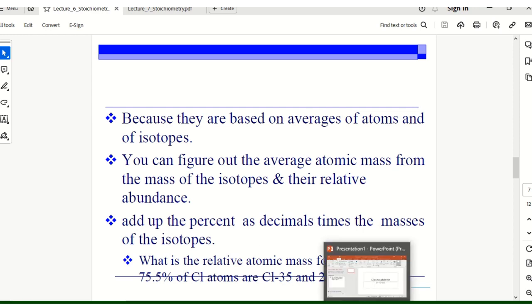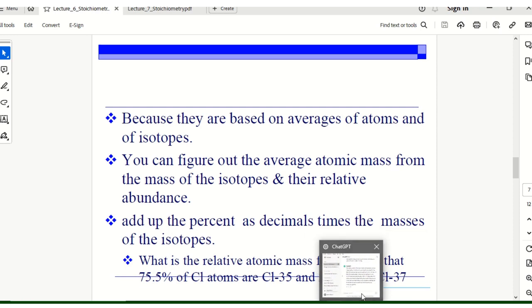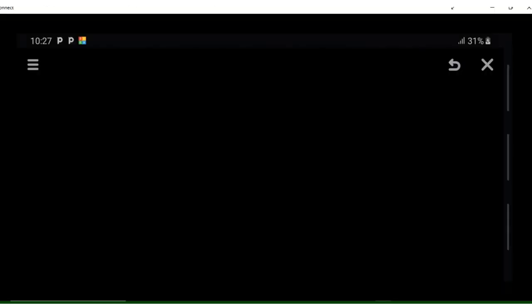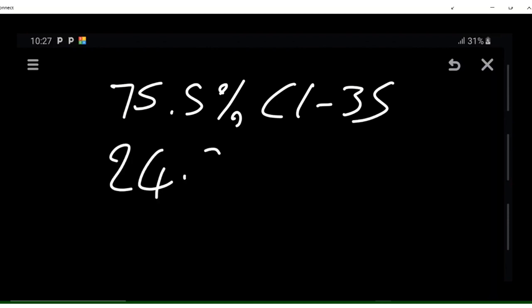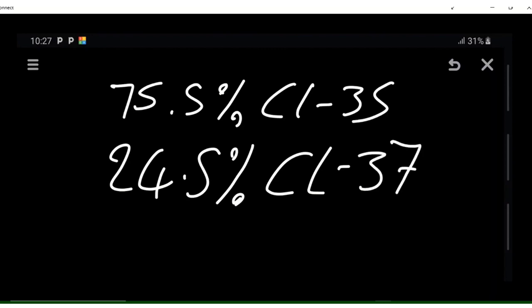So let's try to calculate this one. We have been given the percent of chlorine: 75.5% of chlorine-35 and 24.5% of chlorine-37.